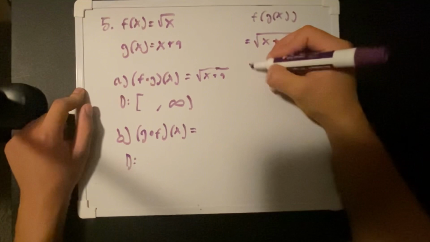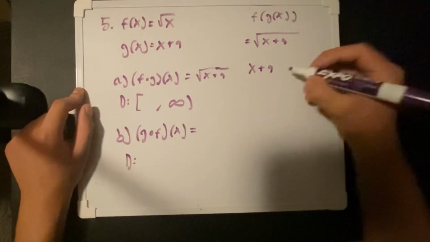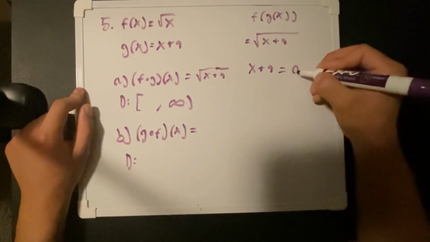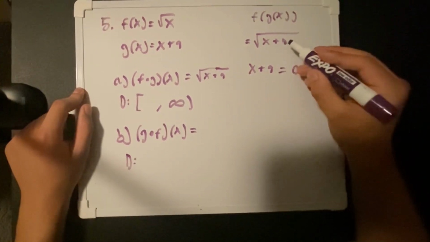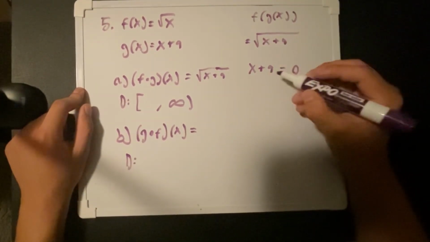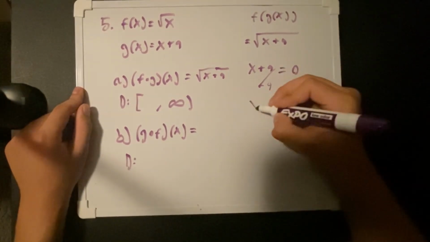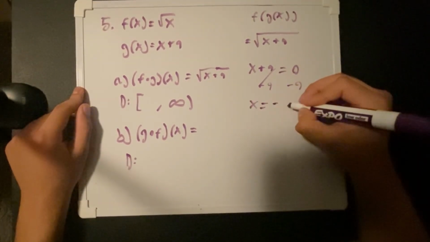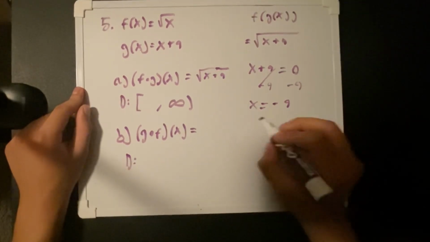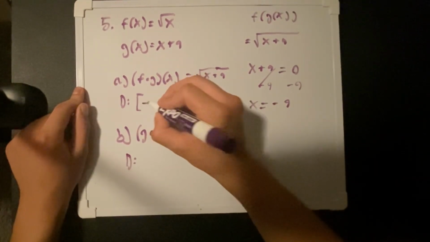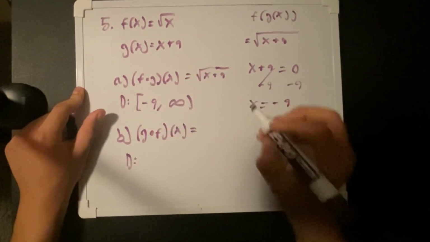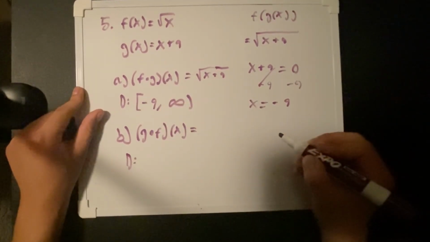Well, we can take x plus 9 and set it equal to 0. And we know that x and 9 interact, so we're going to get a value of this. X equals -9. So we include -9, and the domain could be any of these values.